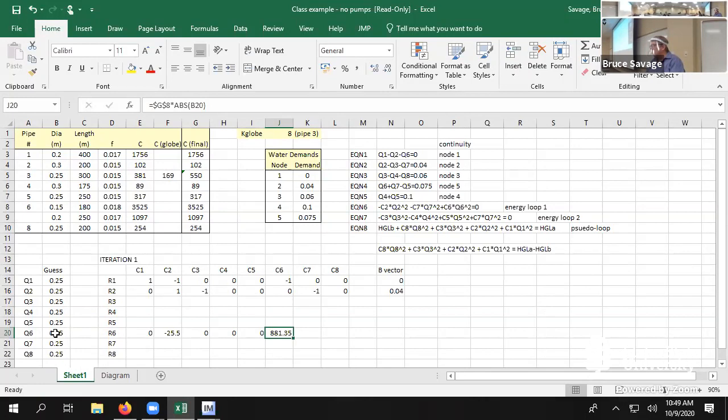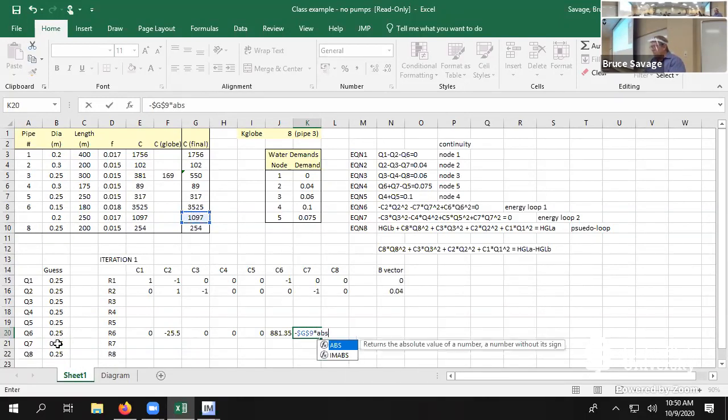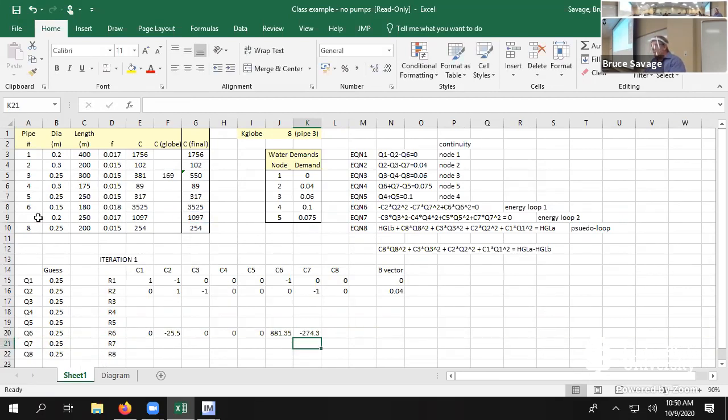And then I have Q sub 7, so minus, I don't know why I lost my 7 up there on the pipe number, but C sub 7 times then the absolute value of Q sub 7, and that one is complete.